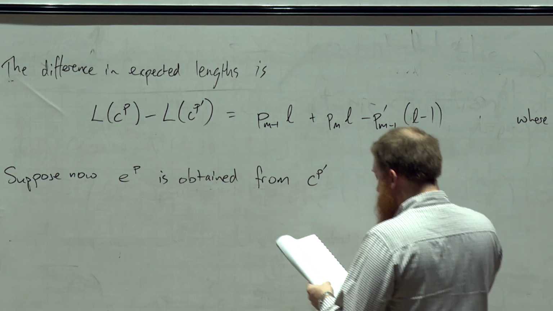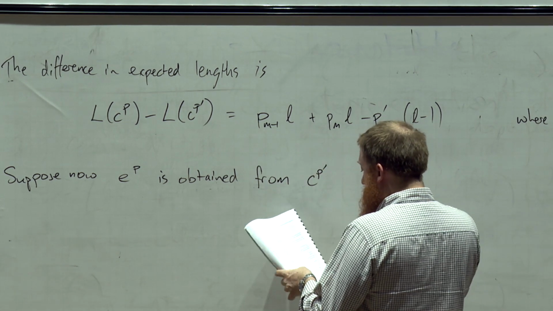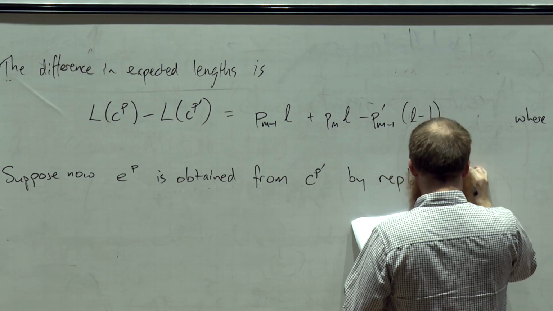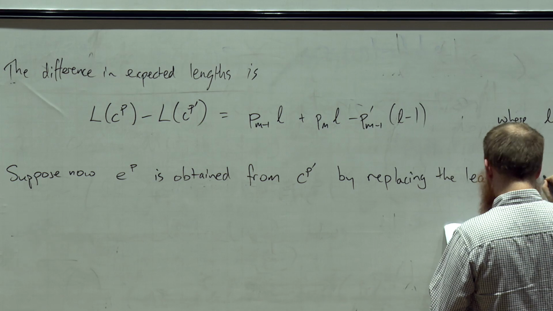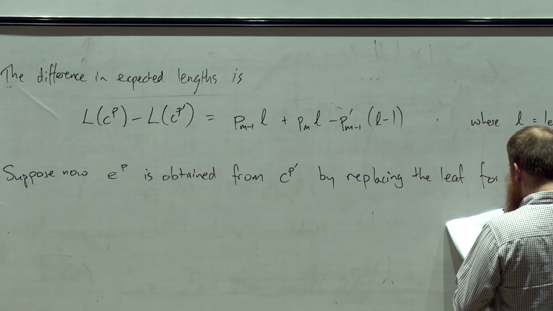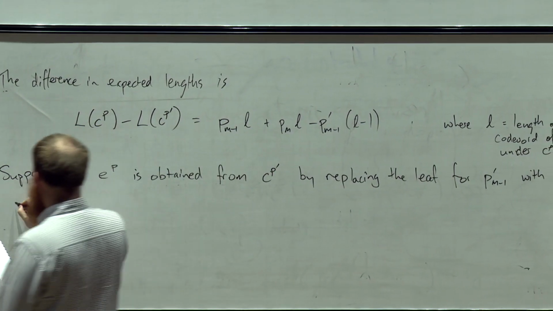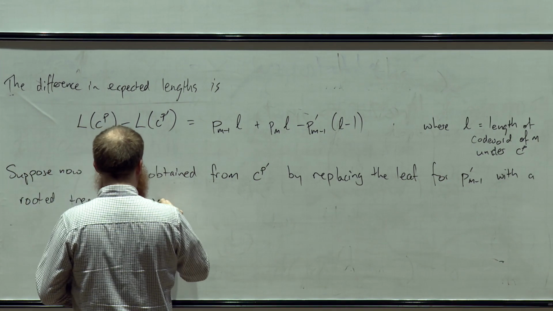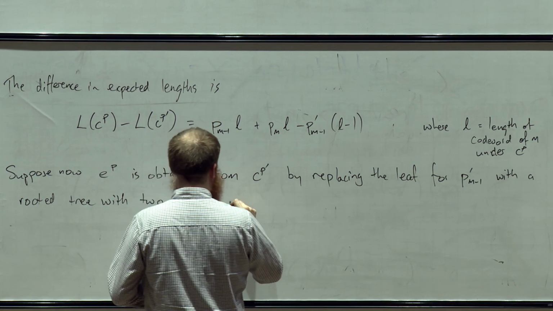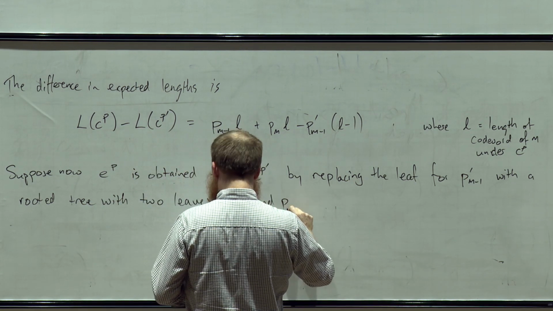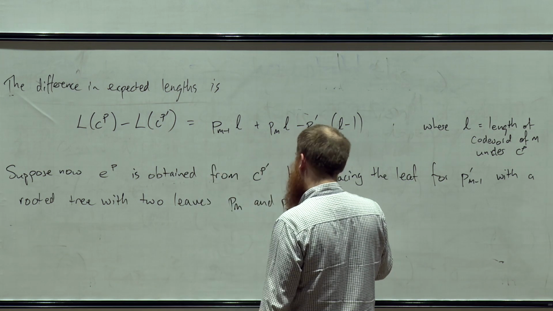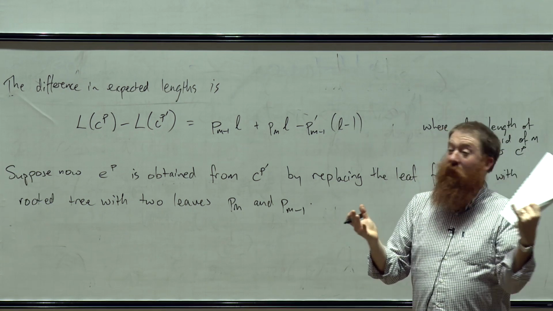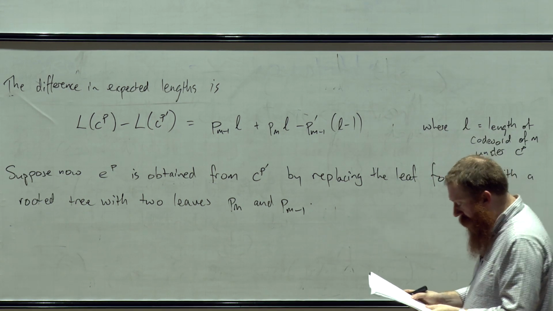So if I do this, I replace the leaf for p prime m minus 1 with a rooted tree with two leaves, pm and pm minus 1. Okay, these are the probabilities of the two leaves. So I'm now taking my constrained code, blowing it up somehow, making it bigger.